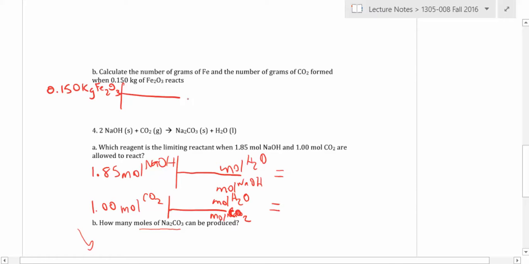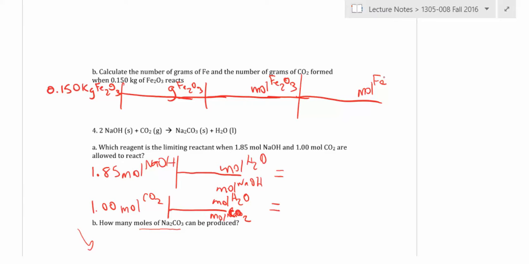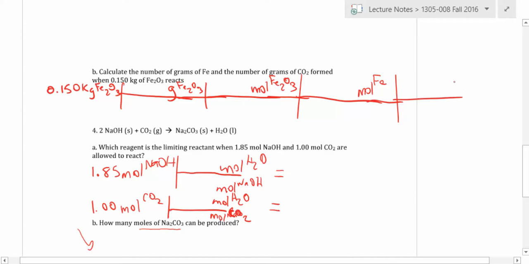Okay, and we're going to go to the grams of Fe2O3 to the moles of Fe2O3 to the moles of the other thing. So for the first one, I would go to the moles of iron, and then for the second, I would write a second reaction or equation, and everything would be the same at first, and then I would go to the moles of carbon dioxide, and then to the grams of iron and the grams of carbon dioxide. So you have two different equations there.